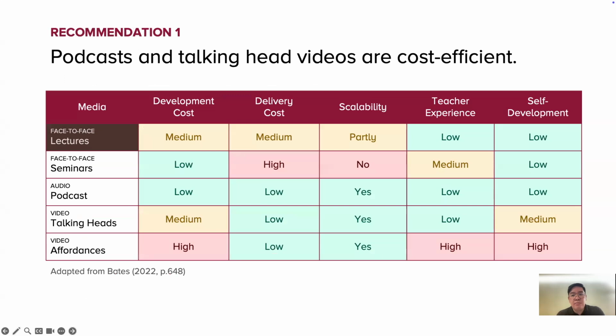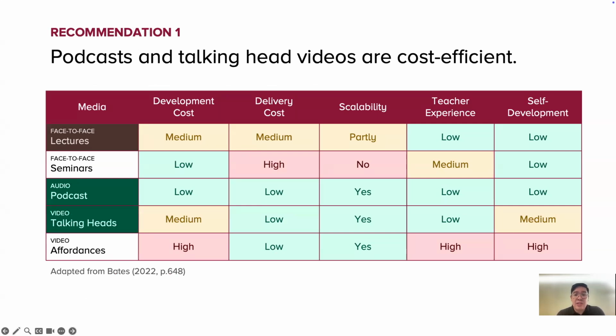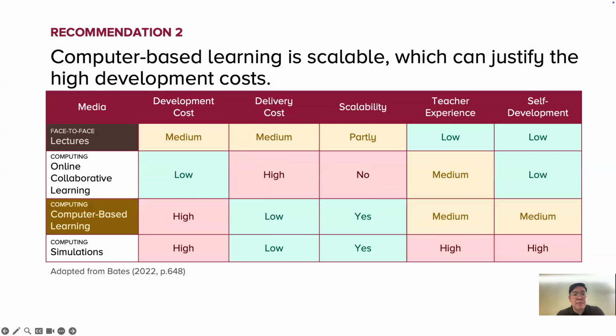Considering costs alone, podcasts and talking head videos are more cost efficient than face-to-face lectures. Podcasts are easy to self-develop and have lower development and delivery costs compared to face-to-face lectures. Talking heads will require some development costs and more resources than face-to-face lectures, but delivery costs are lower. These two options are both scalable. Computer-based learning requires higher development costs and experience, but it is scalable, which may justify the investment when planned and implemented well.